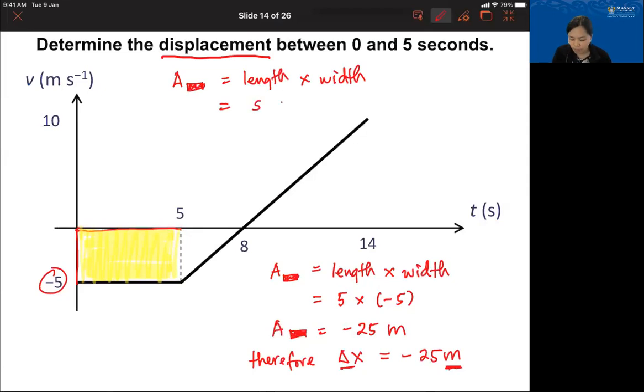Multiply that with the unit for the width, which is the velocity, meters per second. So you're essentially multiplying the unit seconds with the unit meters per second.